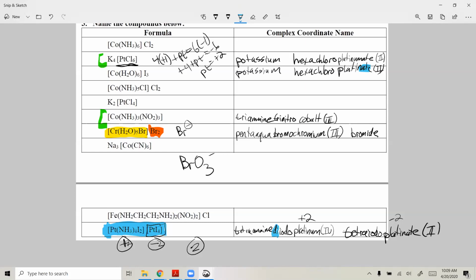Or if it was like ethylenetriamine, there's a tri in there, and that's when we have to use bis, tris, and tetrakis. So we only use it when the ligand's name itself already has one of the Greek prefixes inside of it. And so we see that with like our EDTA, we see that with our en. Right? Those are our two most common ones where we see that.